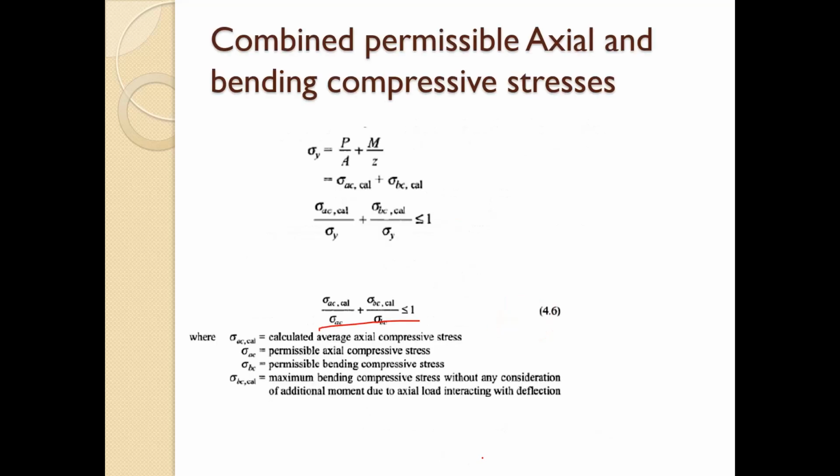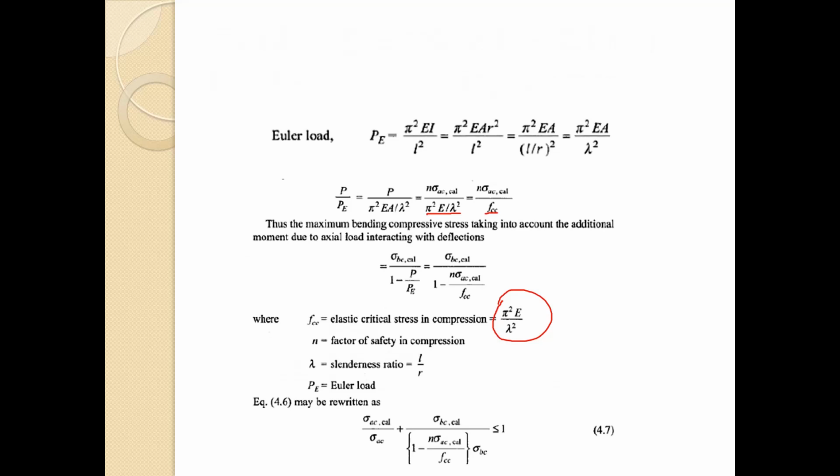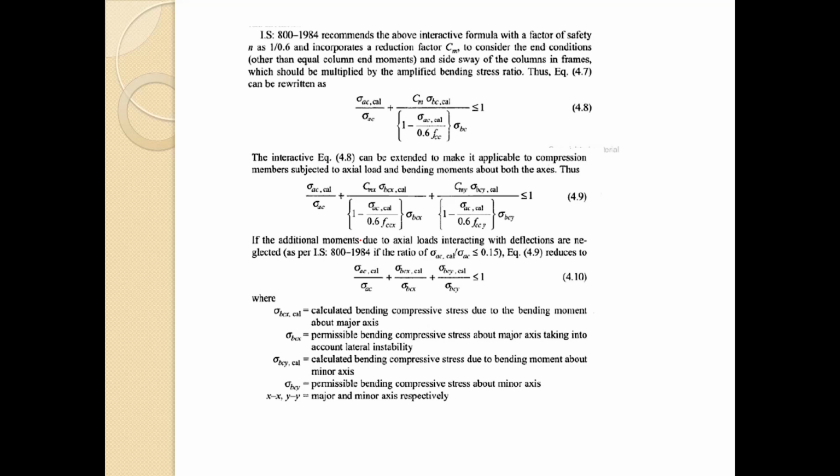What we are doing is adding the additional moment due to axial load interacting with deflection. IS 800 recommends the above interaction formula with a factor of safety n as 1 by 0.6, and incorporates the reduction factor Cm, to consider end conditions other than equal column end moments and sway of the column in frames, which should be multiplied by the amplified bending stress ratio.